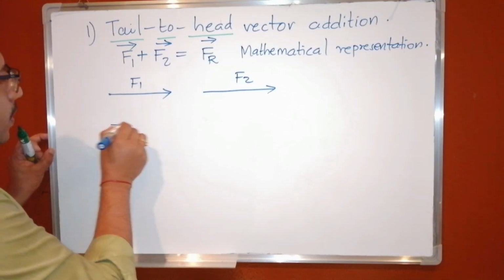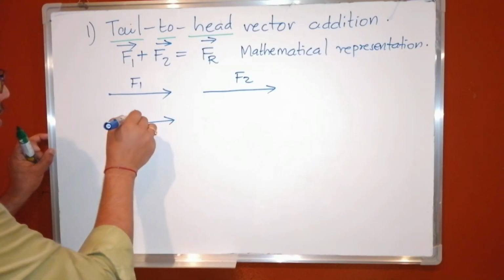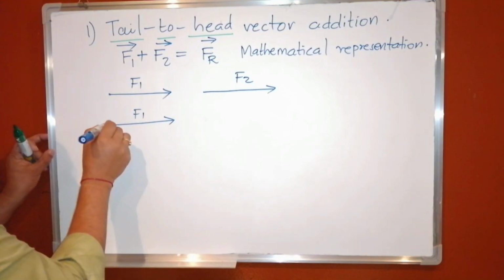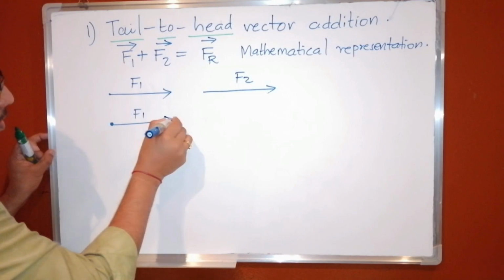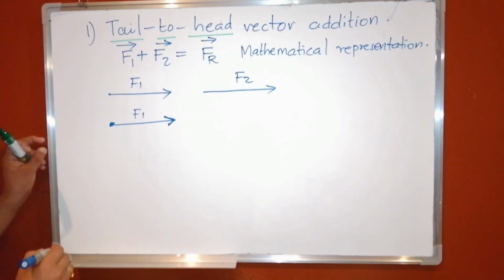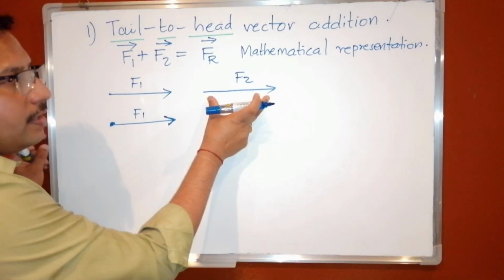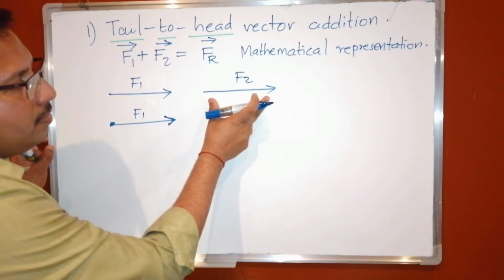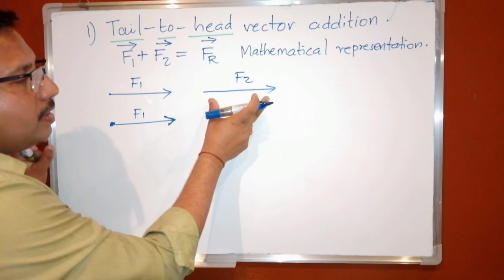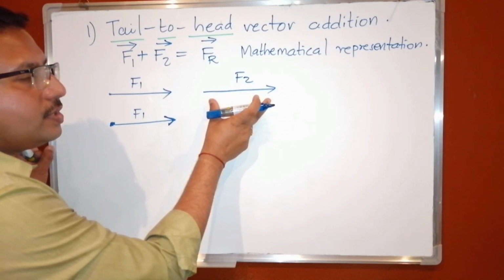You draw the first vector, which is F1 here, and the vector has a tail and a head. This is the head of the vector and this is the tail of the vector. You take the second vector. The rule of vectors says that you can place a vector anywhere as long as you keep the direction and magnitude the same.